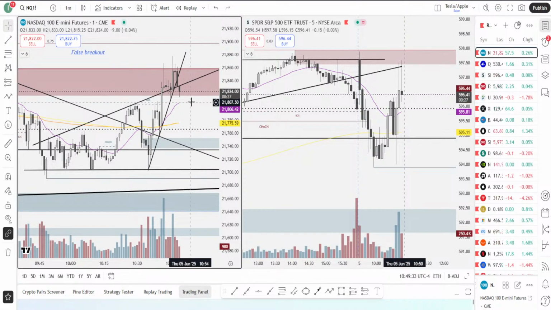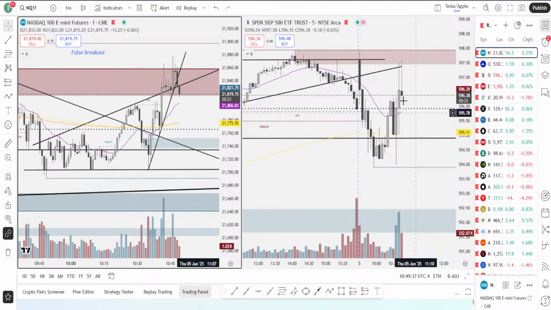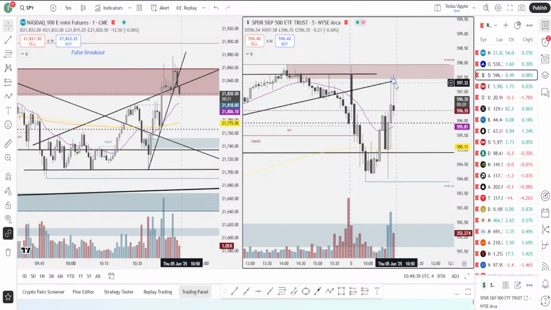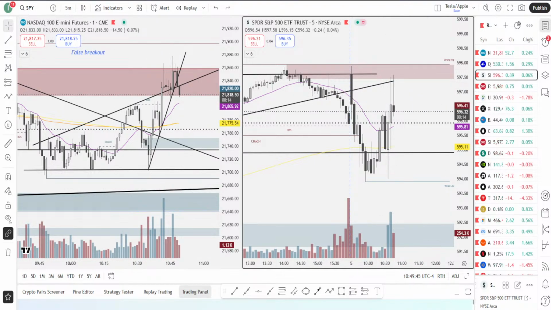Let's see. We're pulling back here. SPY's looking like a double top here on the 5-minute. This could be a reversal.